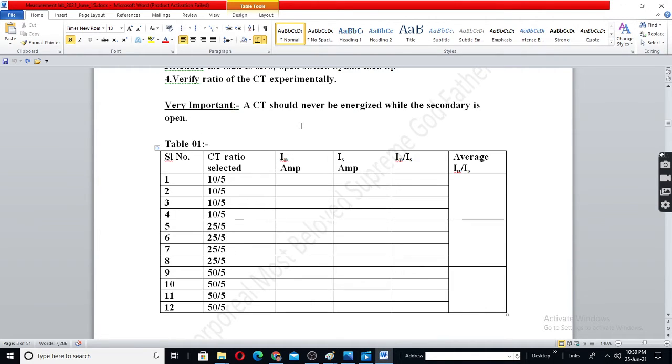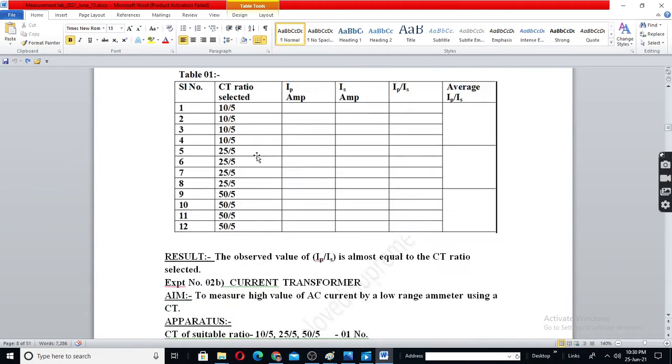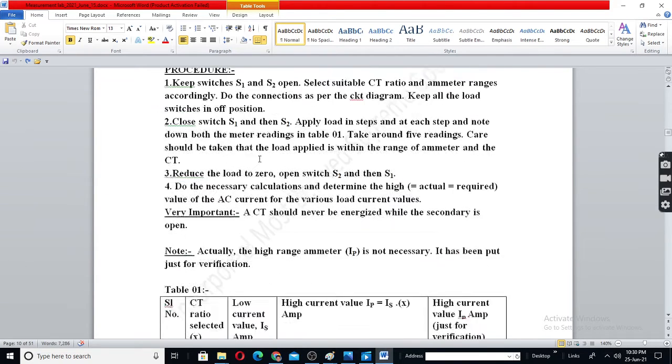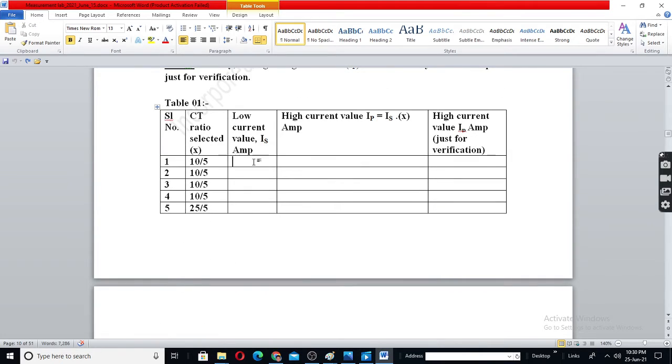So we have secondary current. Say you have switched on 3 lamps. One lamp means how much? Around 0.8 amperes, you know. Say you have switched on 5 lamps.